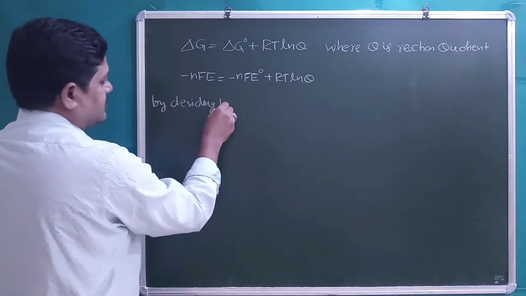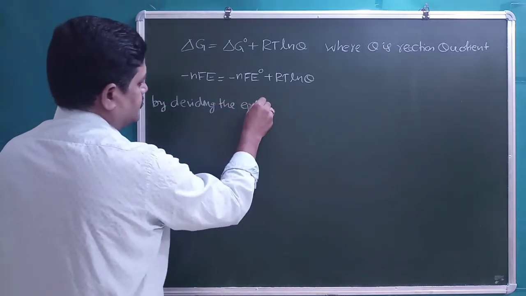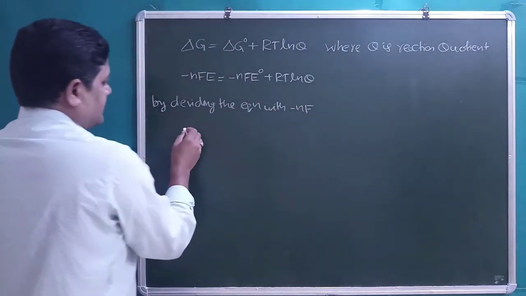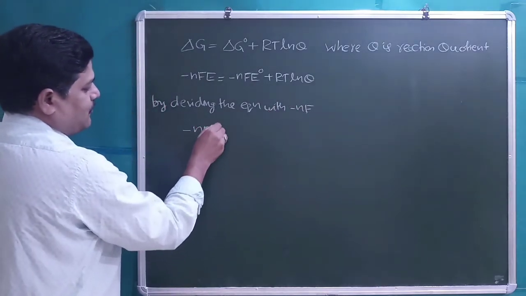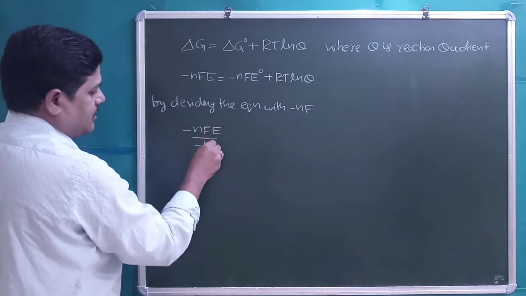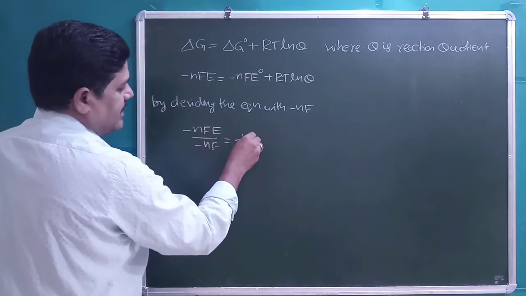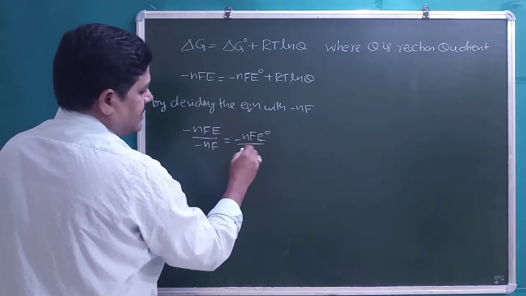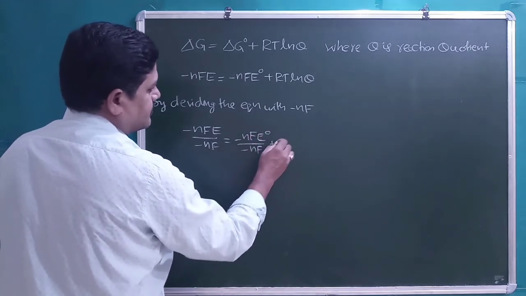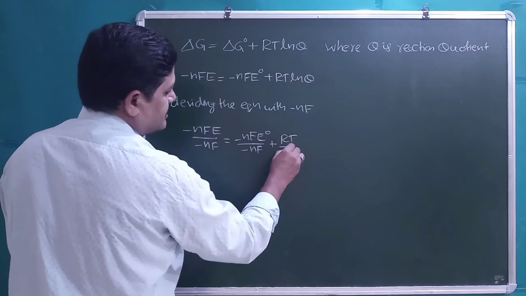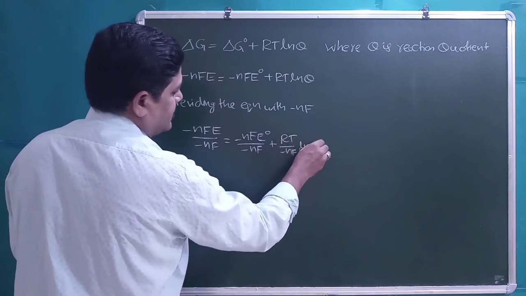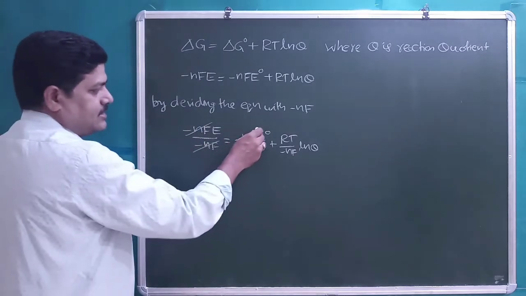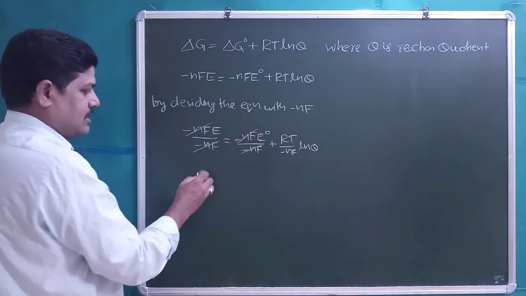Dividing the equation with minus nF, minus nFE divided by minus nF is equal to minus nFE naught divided by minus nF plus RT by minus nF ln Q. Students, minus nF gets cancelled here, and here also.